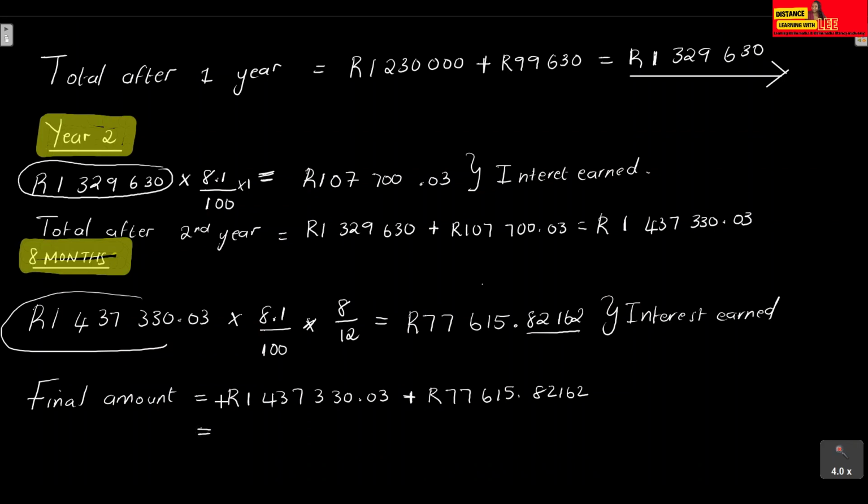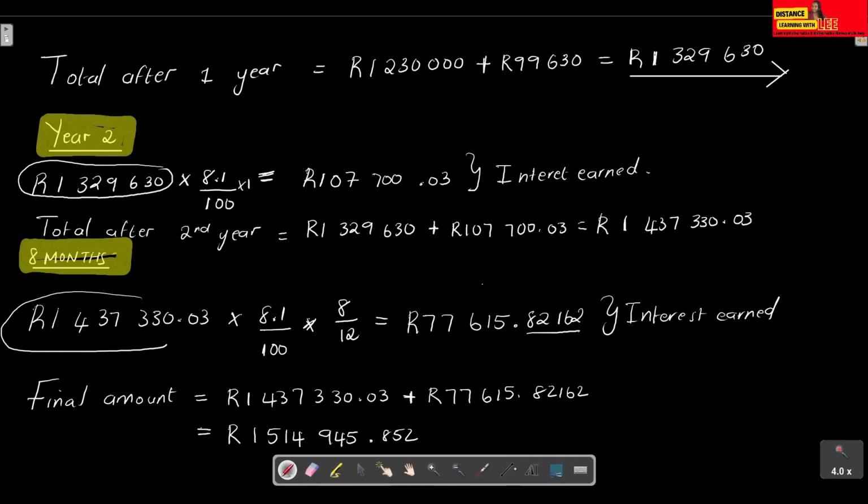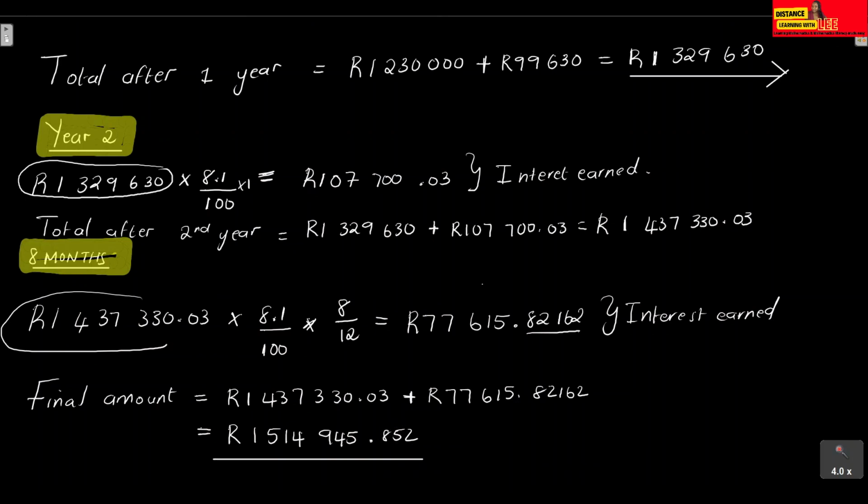And this gives us 1,514,945.852. So if he invests his money in a South African investment account, he will only make 1,514,945.